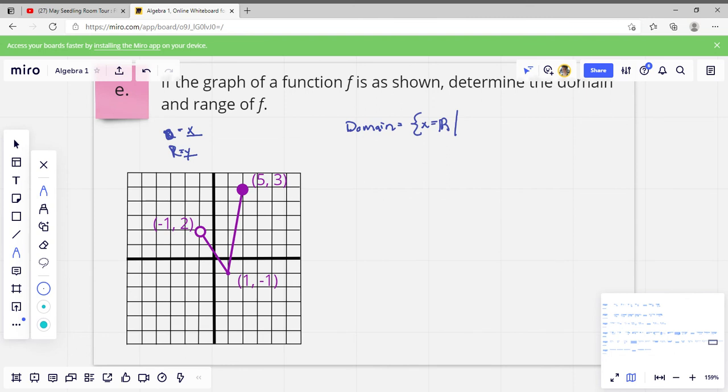So if we're going across, our lowest x value would be -1, and our highest would be 5. Okay, so it's in between -1 and 5. So that means that -1 is less than, and this is open, so that means it's not equal to, it's just less than x, which is less than or equal to, see how this one's filled in, 5.